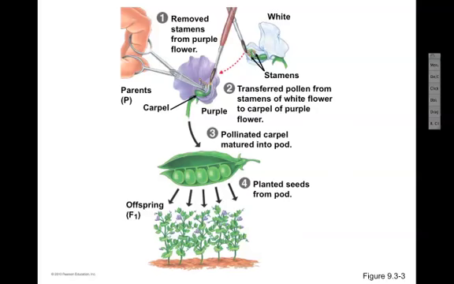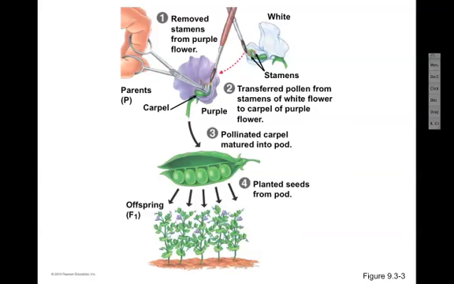What he did is he did a controlled experiment, and he controlled who got the pollen. So in turn, what he did is he removed the stamens from the purple flowers, so they could no longer self-fertilize. They didn't have the male part anymore. So in order for them to create offspring, they had to get the sperm from somewhere else.